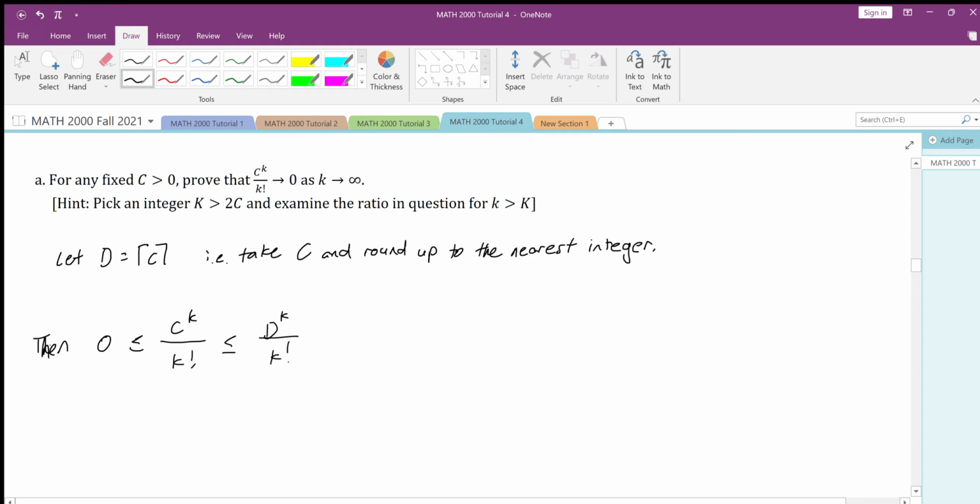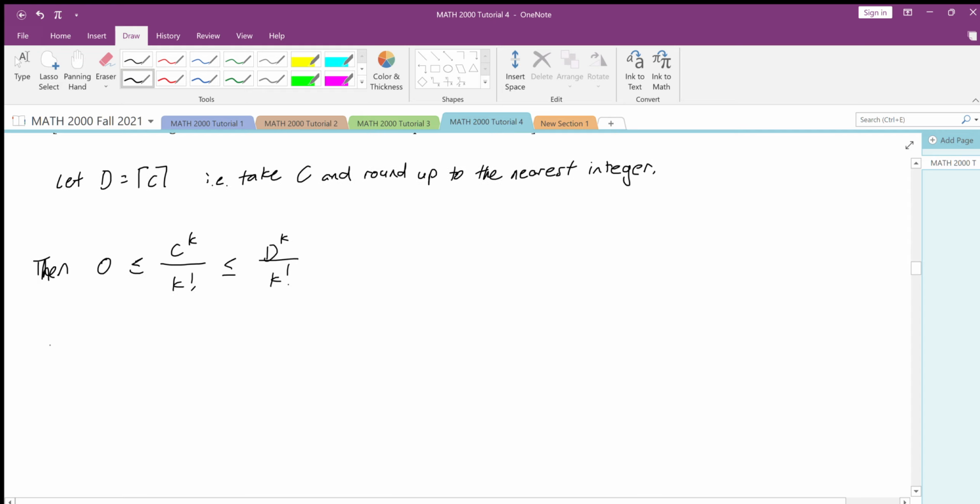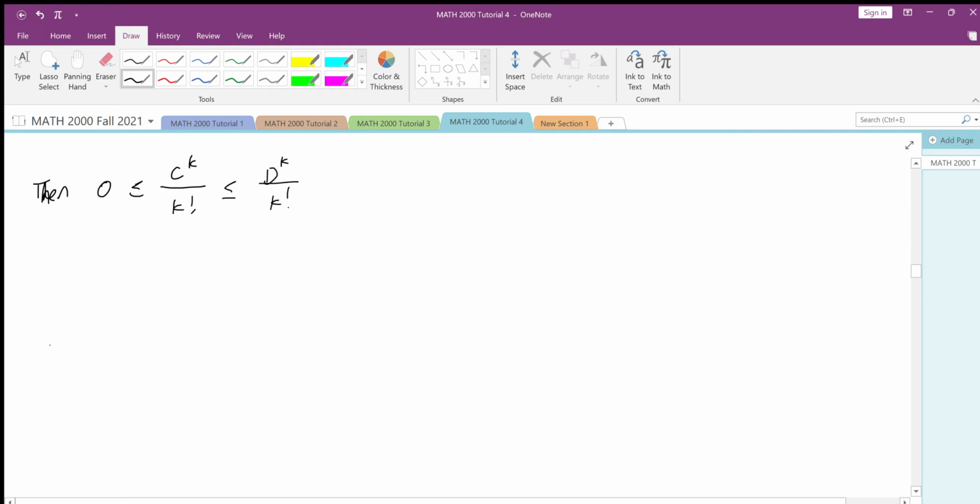So now we consider what happens when k is greater than d. So when k is greater than d, what happens?